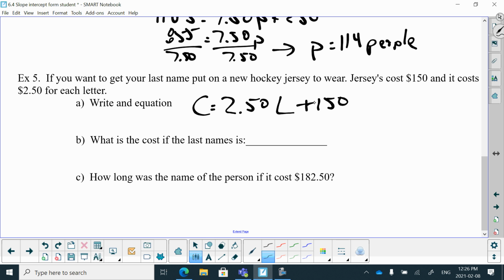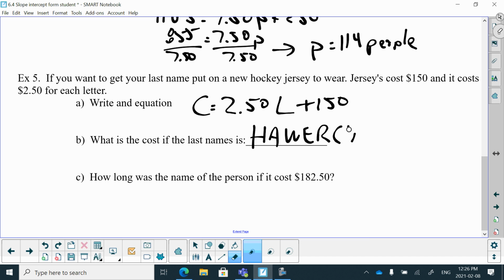Okay, what's the cost if the last name is, let's just make one up here. What is the cost? What would that be?